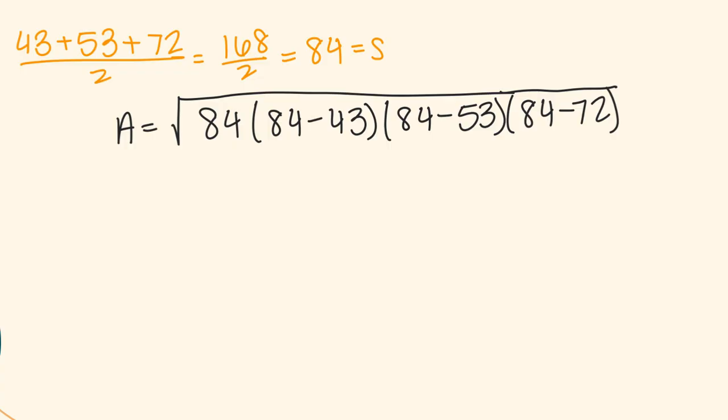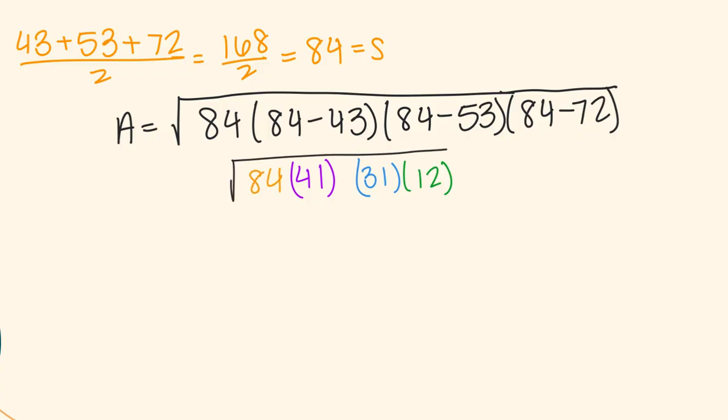84 minus 43, I'm going to get 41. 84 minus 53, I'm going to get 31. And then 84 minus 72, I'm going to get 12. And then I have 84, and everything is being square rooted. Now I'm just going to do what's inside my parenthesis, my square root.